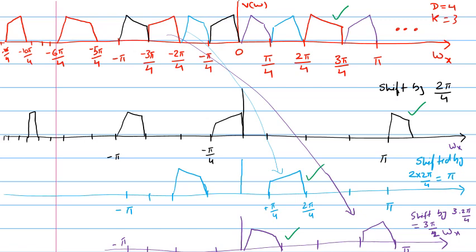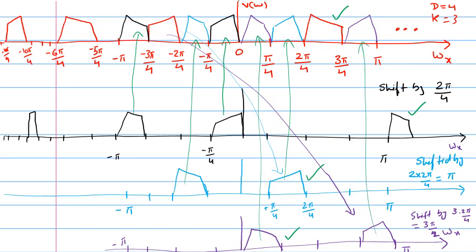I have just shifted it over here, and these are also shifted over here, and these are shifted here, and these here. So now you can see the complete picture of whatever will come from minus pi to pi.